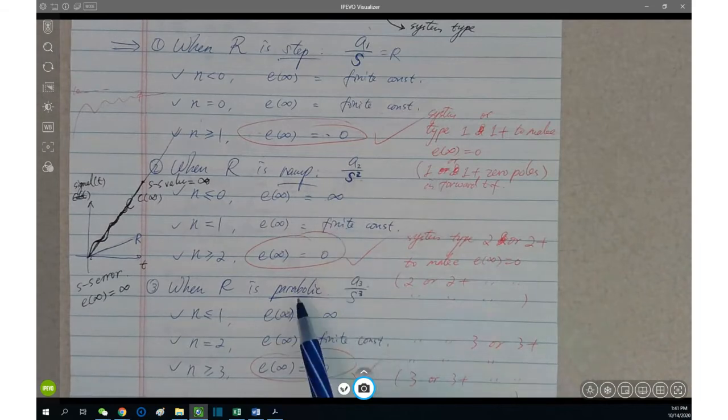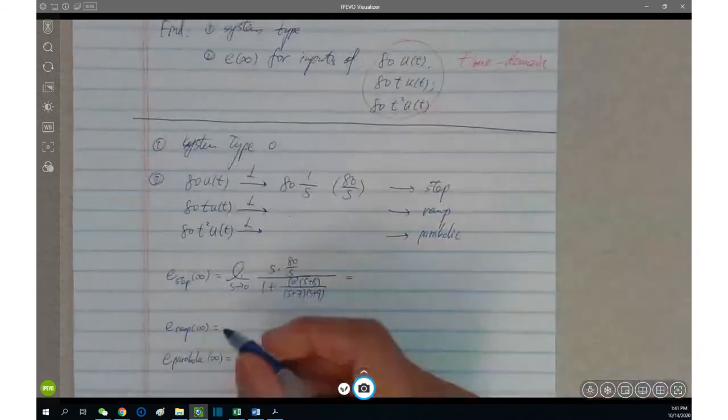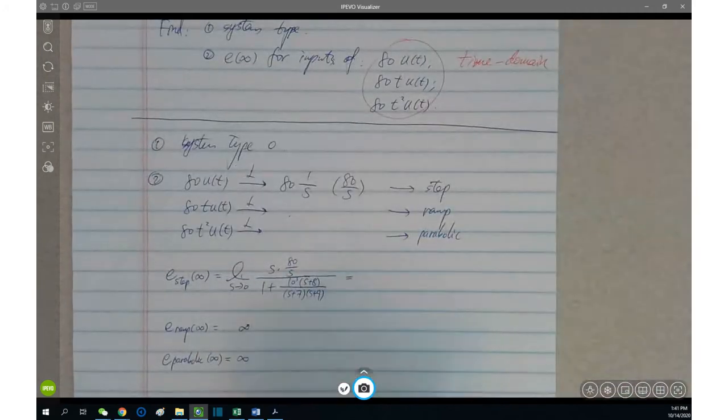And for the parabolic input, system type 0 means infinite steady state error as well, right? So come back here. These two, no matter what, are definitely infinity. We don't need to bother using the equation, the formula.